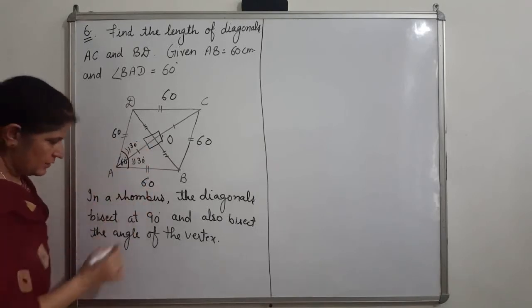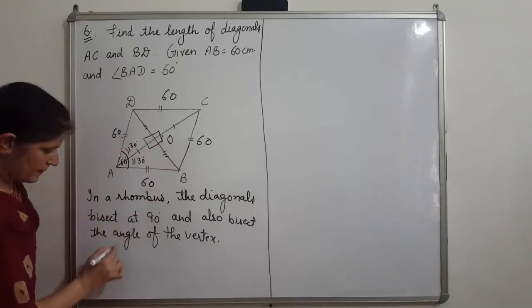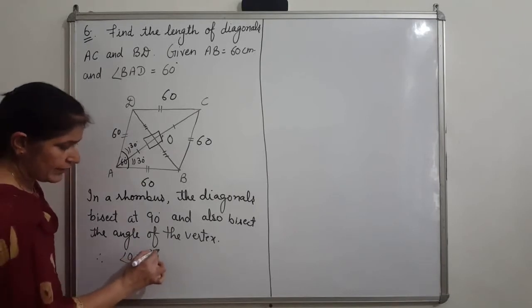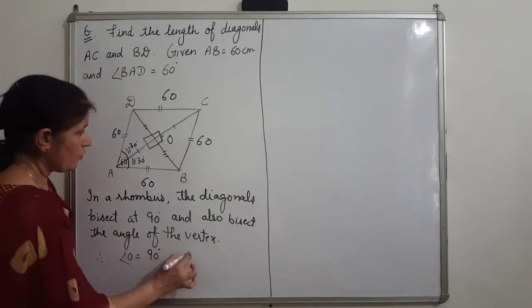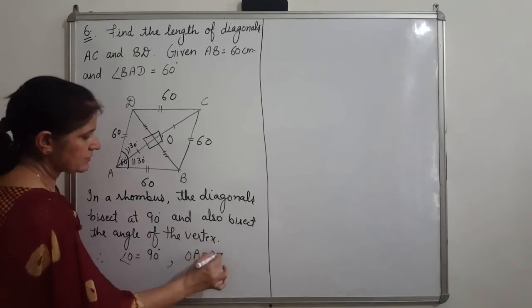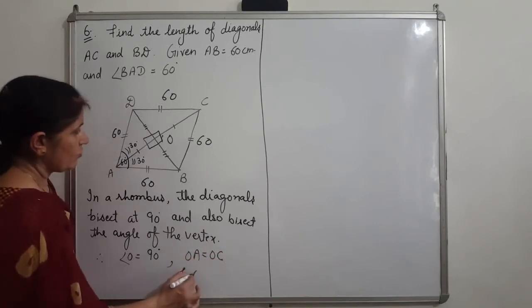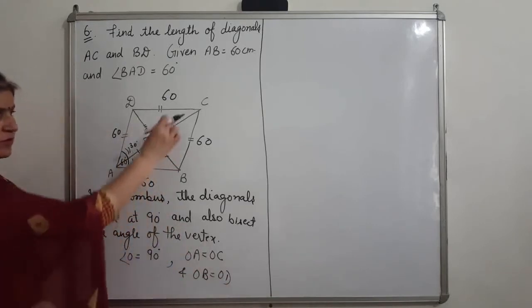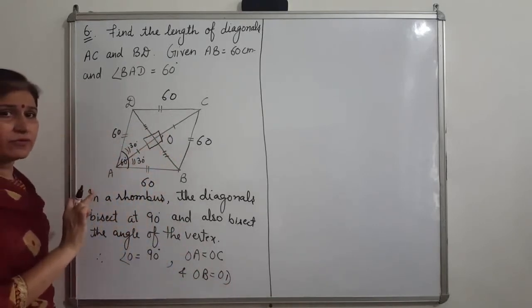Like this. Therefore, angle O is equal to 90 degree and OA equals OC, OB equals OD. This is because of this diagonal property of rhombus.